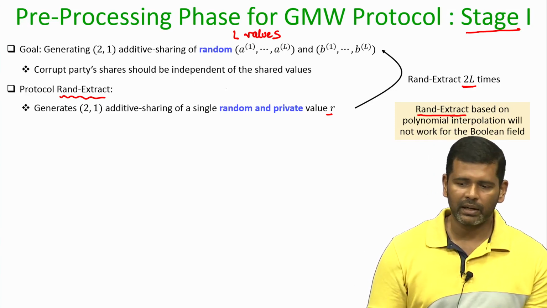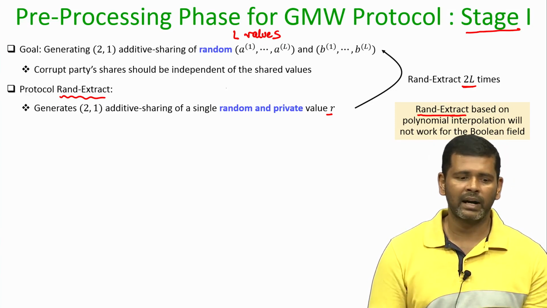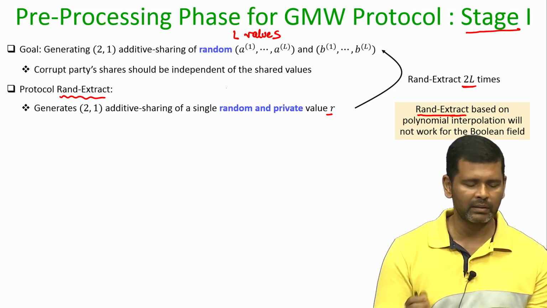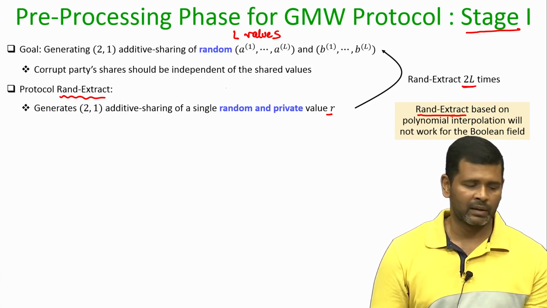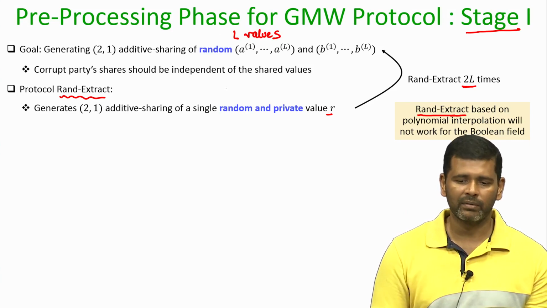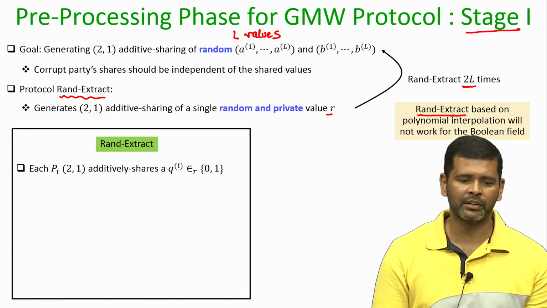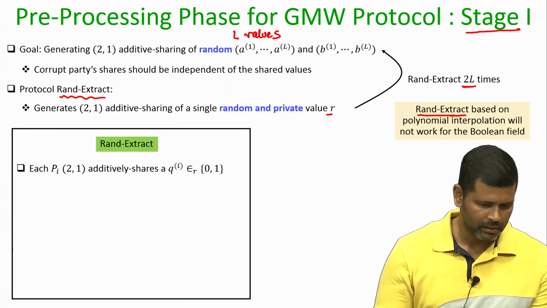Whereas, we are now talking about a RAND extract method where we have only two values in the underlying ring. So, that method of randomness extraction will not work for the Boolean ring setting. So, let us see the randomness extraction method for the Boolean ring setting.